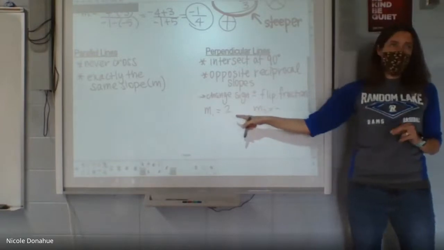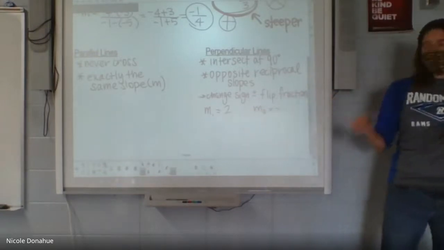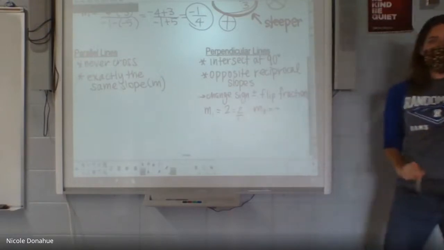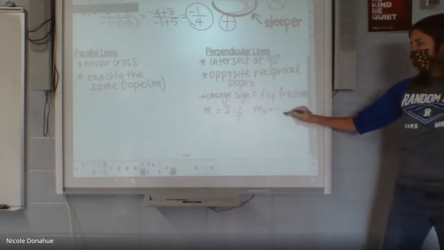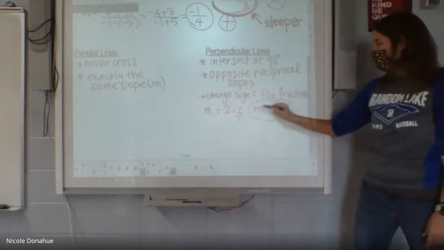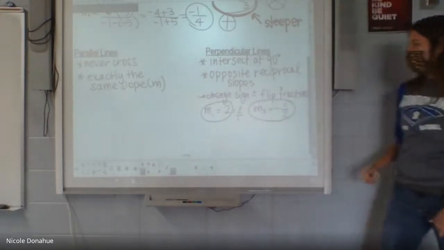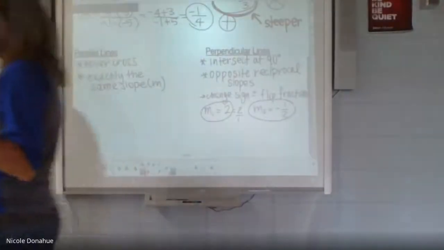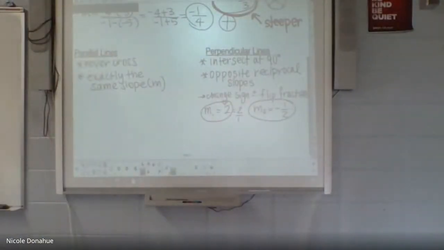Right now, this doesn't look like a fraction. The way to make it a fraction is to put it over 1. So I have to flip the fraction as well. So our opposite reciprocal slopes would be 2 and then negative 1/2. Does that make sense? So you flip it over and you change its sign. You make it as different as it possibly can be. You try to change as much as you can about it.